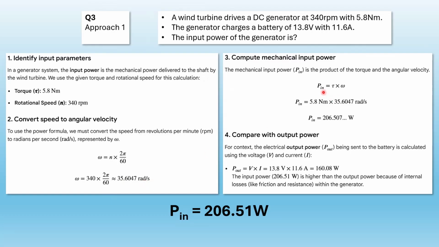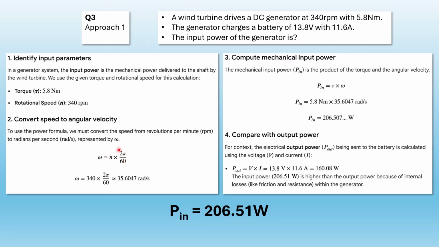And the mechanical power is simple now. The power equals the torque times angular velocity. That's why we have to get the angular velocity from the RPMs. When we want to convert rotations per minute into angular velocity, we just take the rotations per minute and multiply by 2 pi over 60.